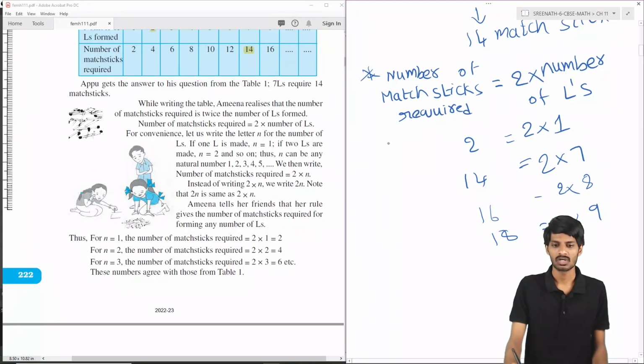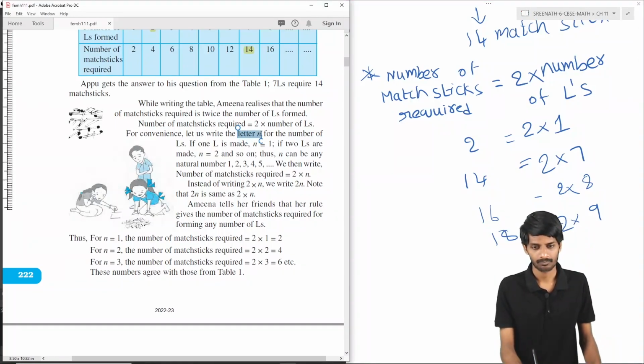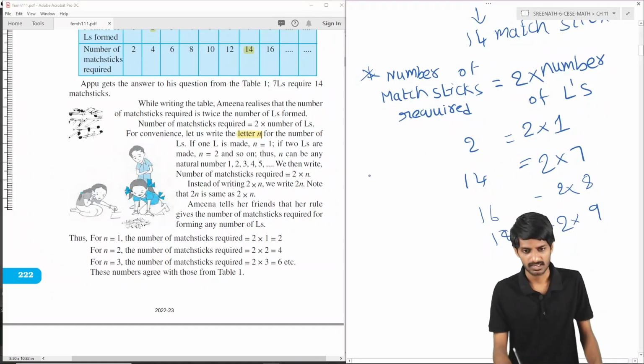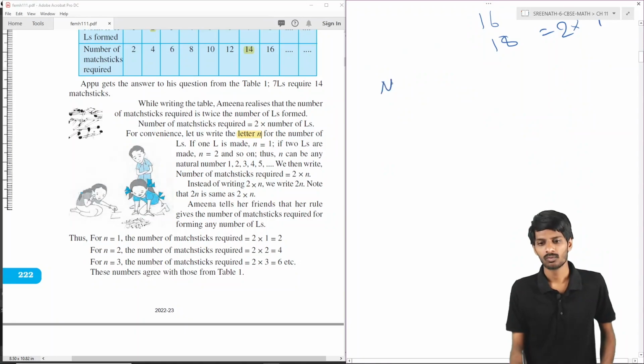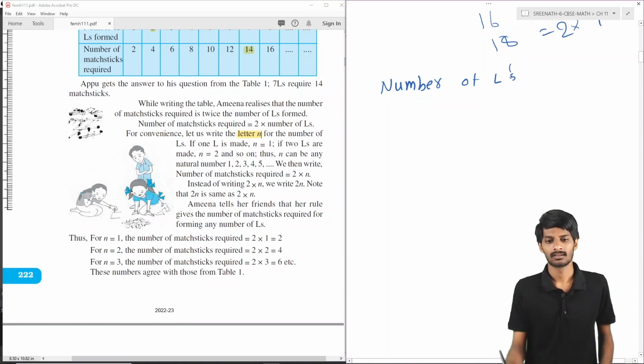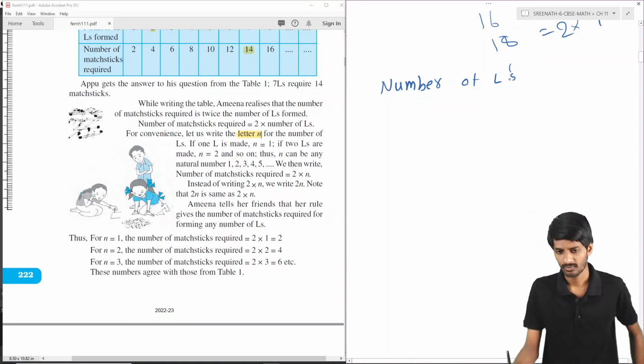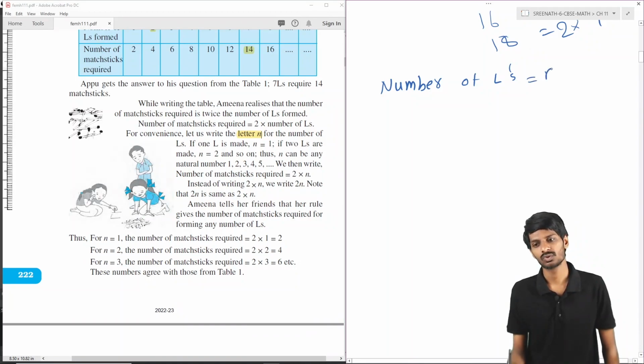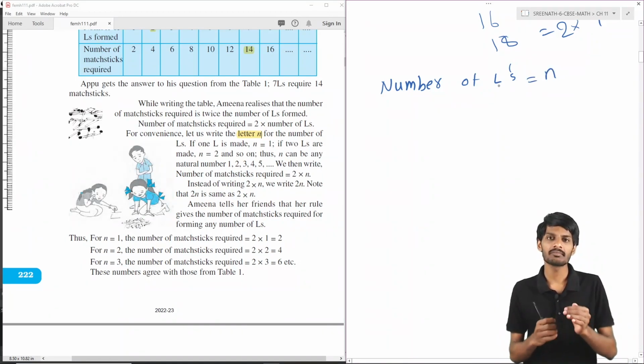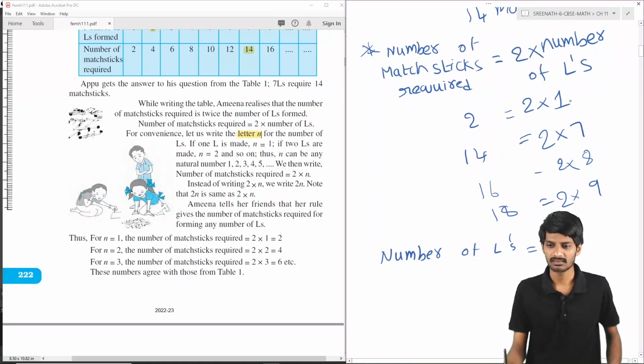The process goes on. So students, the number of L's formed we are representing with the letter N. Number of L's is equal to N. Every time, the number of L's is changing.